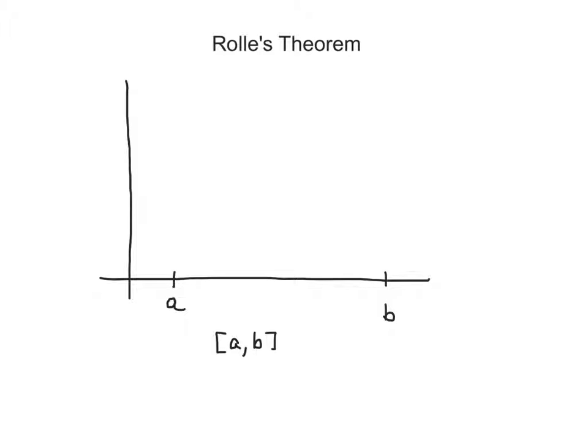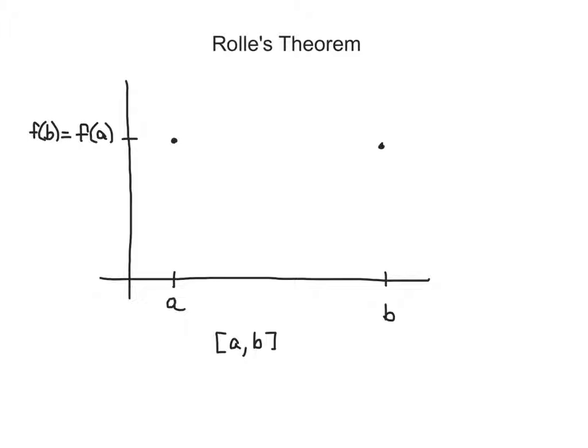If there is some function height f of a, and then there's another function, the height at b is the same. That is to say that f of b is equal to f of a. Then these are our starting and ending points of our function, our curve.